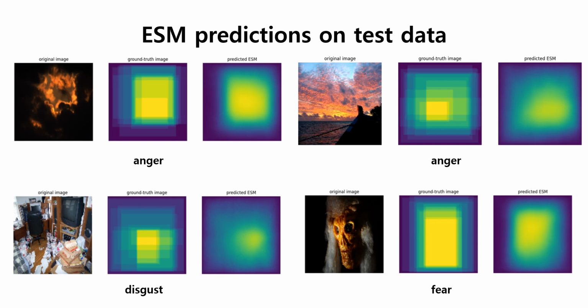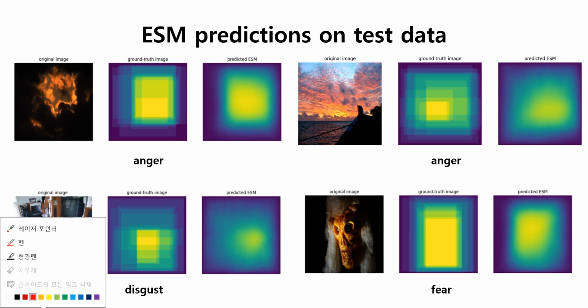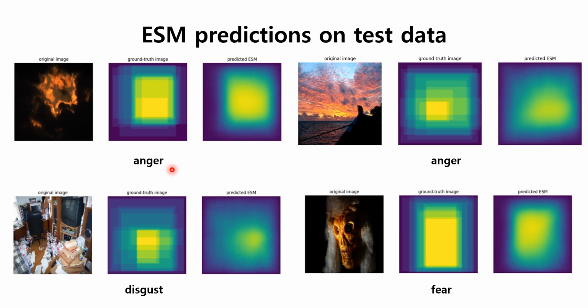So let's look at the result from the trained ESM model. The first column represents the original image, the second column represents the ground truth image, and the third column represents the predicted ESM.